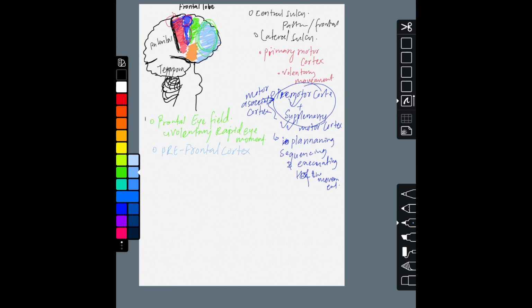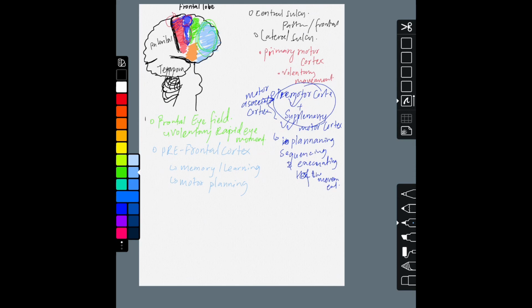It is basically involved in memory and learning, and it is also involved in motor planning.